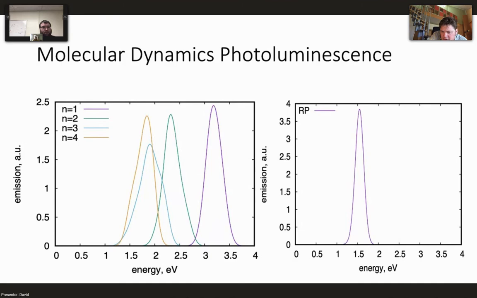For n equals 3, the feature that you call a shoulder is more to the blue side, and for n equals 4, the thing that you call a shoulder is more to the red side.